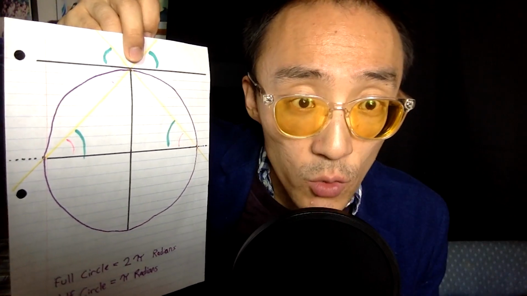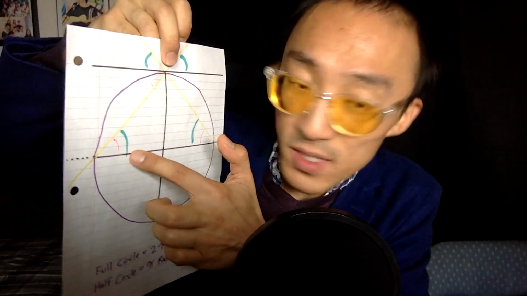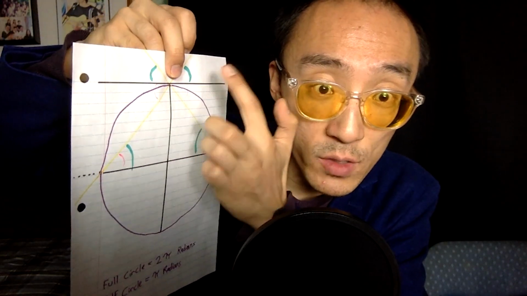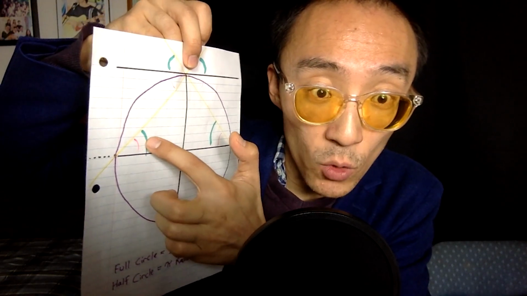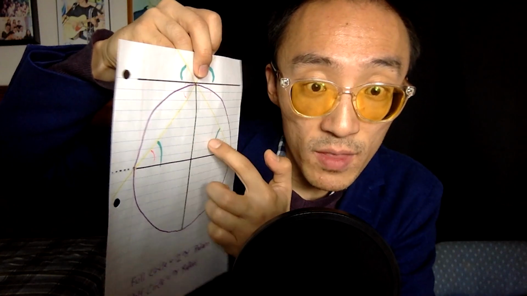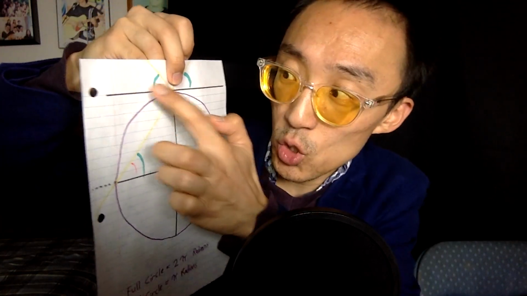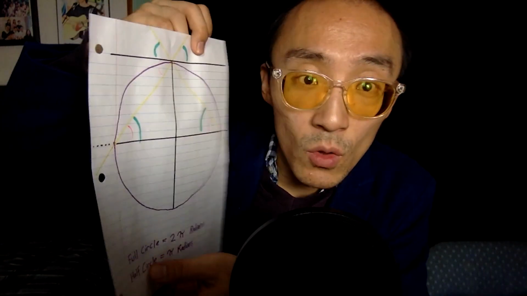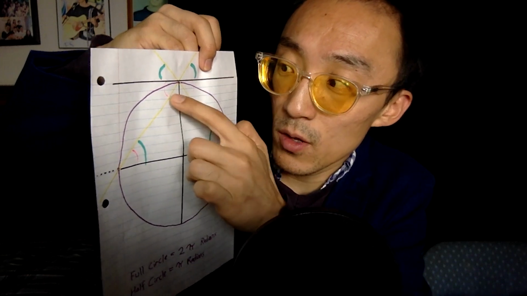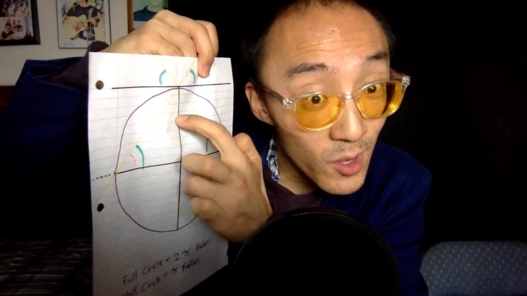You can also use corresponding angles, which I drew here. Because these lines are parallel and there's a transversal, that means this angle is the same as this angle up here. Same with this angle and this angle up here. So we've established two of these angles. What about this final angle up here? Well, we also know, remember, vertical angles, opposite angles.